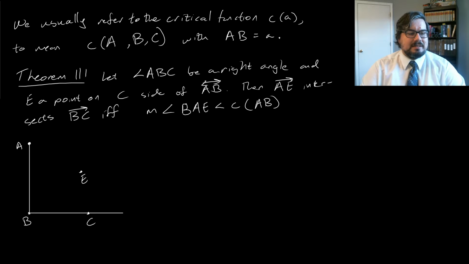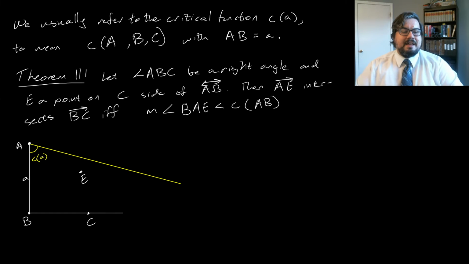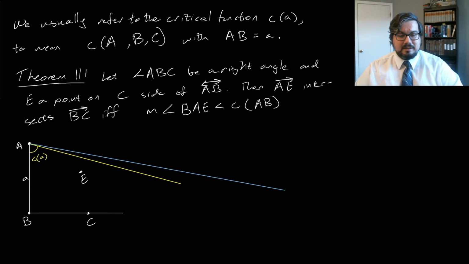What this theorem is telling us basically is that if we were to draw the ray over here with a measure equal to the critical function of little a, where little a is the distance from A to B, then any rays that you construct that sit below the critical function will intersect the ray BC, and any rays that have that angle measure equal to the critical function or above will not intersect the ray BC.